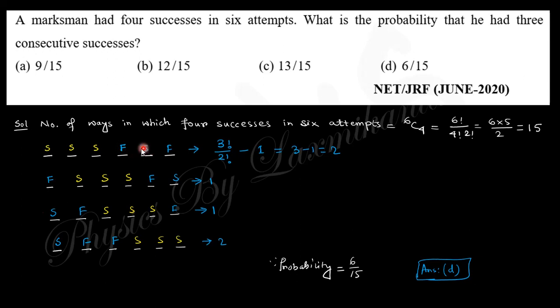So if we cannot place f here, you can see that is the probability that he had 3 consecutive successes means, we can take the 4 s, no problem, because there is no restriction here, so we can take 4 s here also.